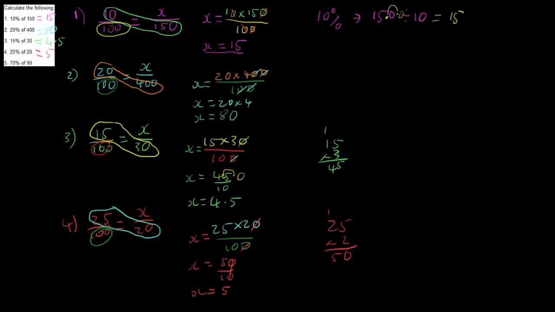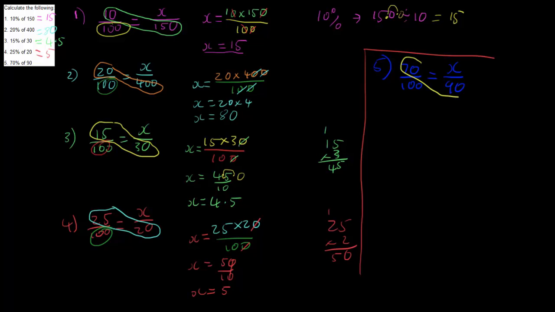And then I'm going to work out my last one over here. So I have 70% of 90. So I'm going to have 70 over 100 is equal to some value over 90. And then all I have to do is again multiply my two diagonals, which leaves me with 70 times 90, and divide by whatever's left, divide by 100.